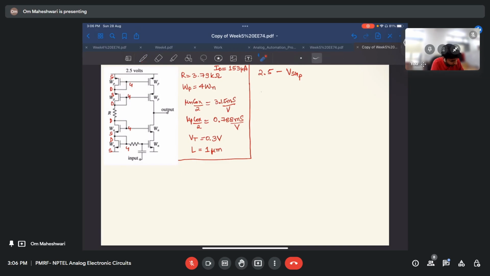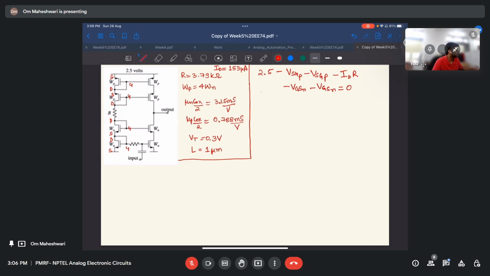Then again minus VSGP. So now we are here. So this is, let's say, current ID. So this voltage drop is minus IDR. Then again it will be VGSN minus VGSN equals 0.